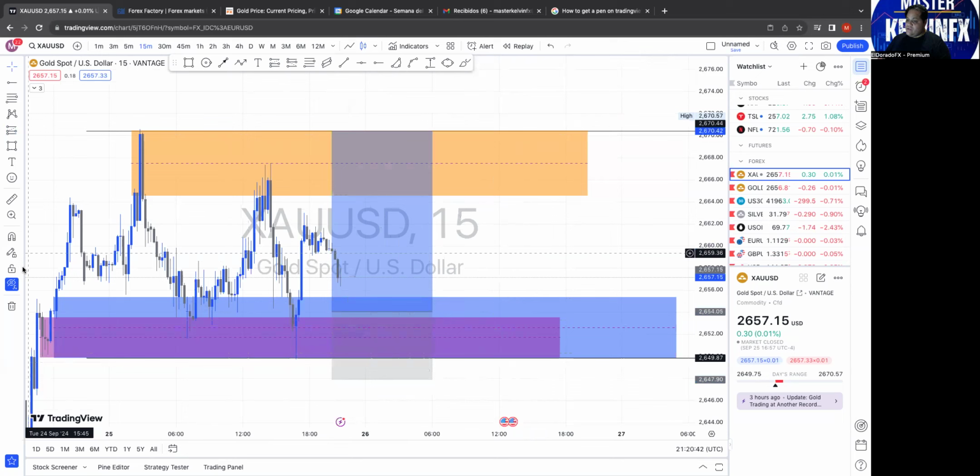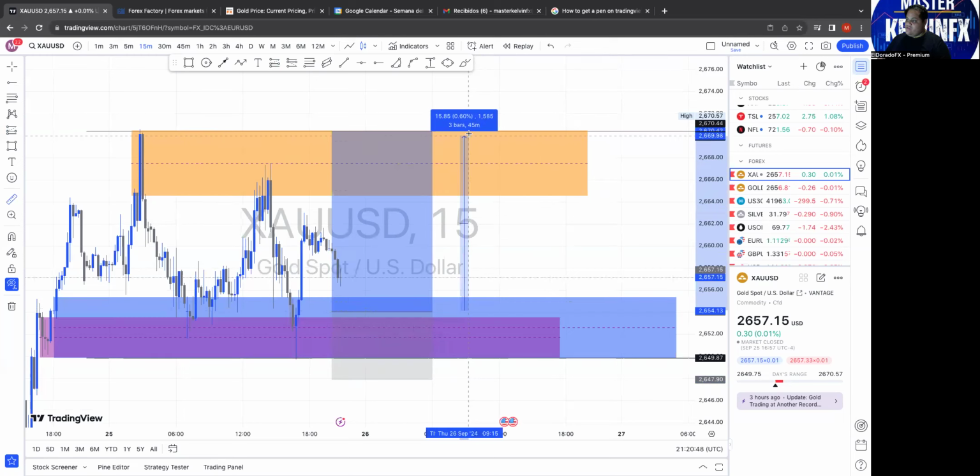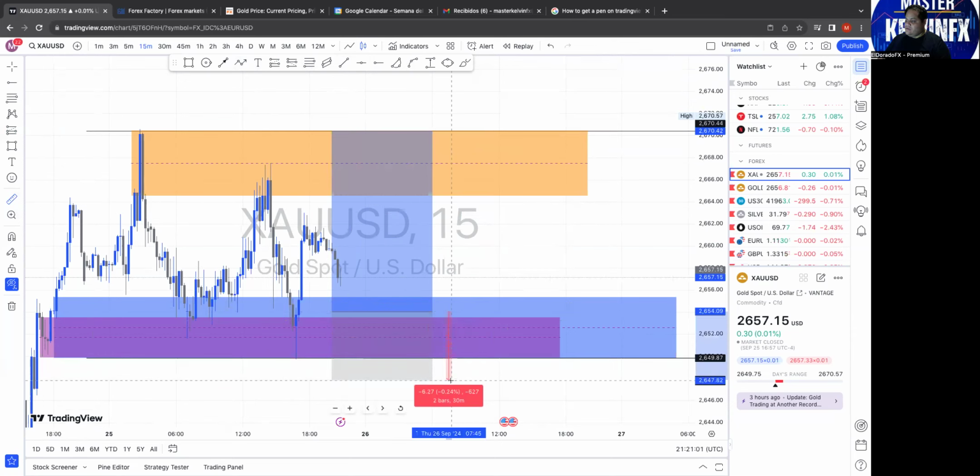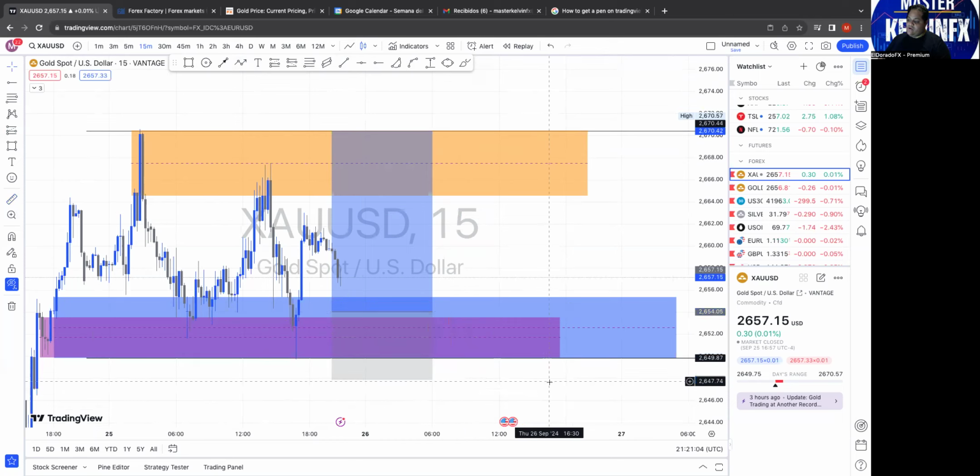In simple words, if you get an entry here and you win, you're gonna win 160 points or 60 pips, however you wanna call it. If you lose, you're gonna lose 62. Simple as that. This is the buy idea that I'm thinking can play out tomorrow.